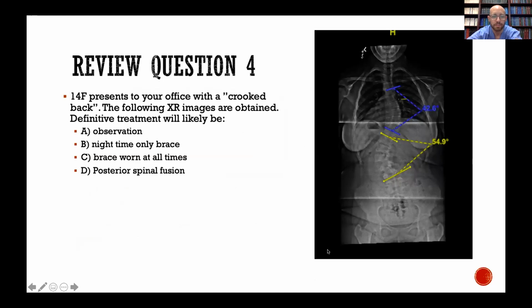Question 4. This patient presents with curves, one of them measuring 55 degrees. What do you want to do for this patient?